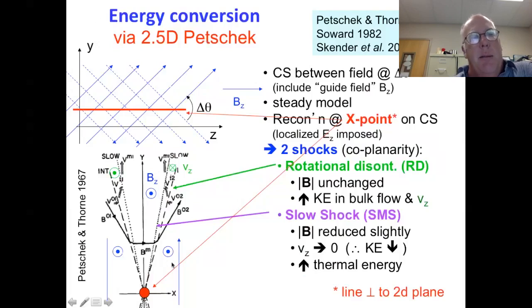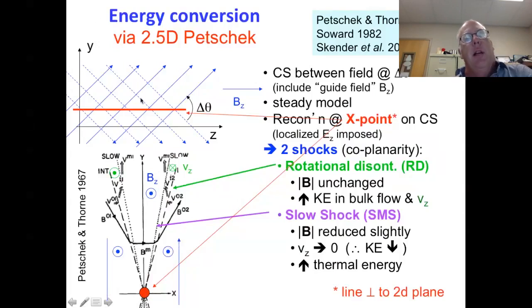And the bottom left picture is a sort of classic picture of Petschek. We have a diffusion region in this little red circle. I have a magnetic field that's mostly up and on the right and down on the left. This is 2.5D Petschek, so there is a guide field, Bz, coming straight at us.